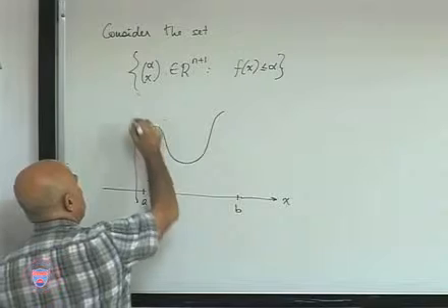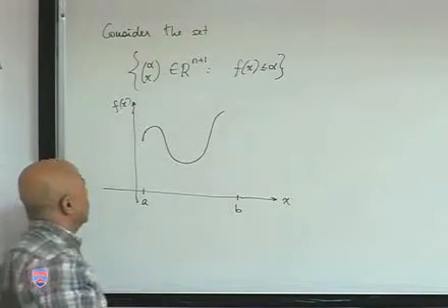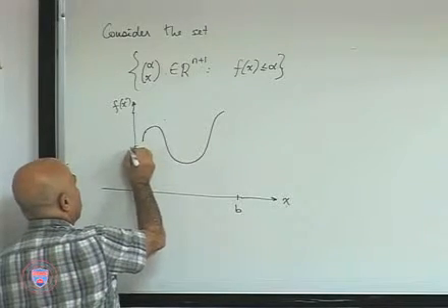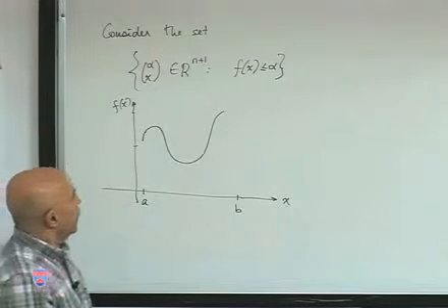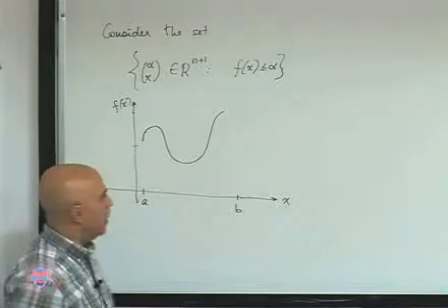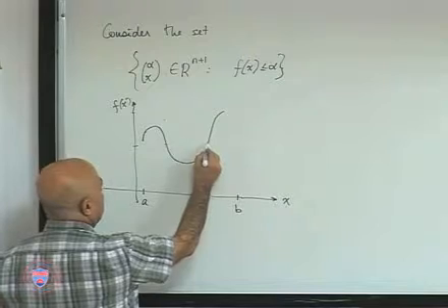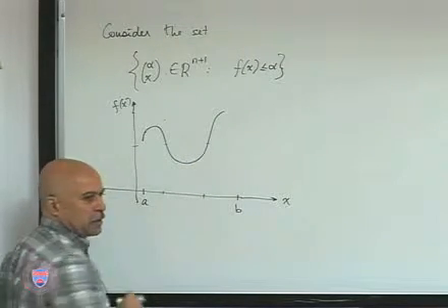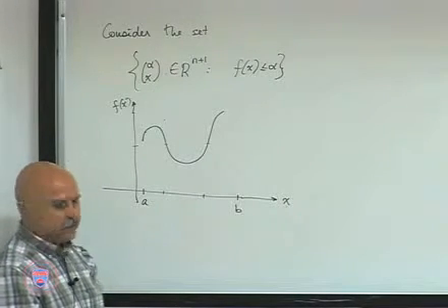It's a real number. And this one is your f of x. You pick an alpha. Then what do you do? You check those points that are less than or equal to alpha. In this case, I've got those points between these two marked numbers.